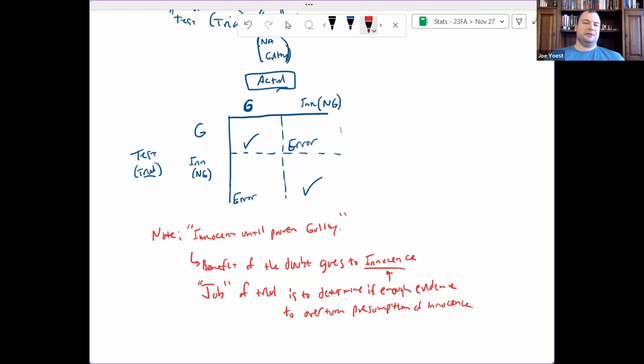Or should I say that the likelihood that they're innocent, in the face of all of this evidence, is so low that we're going to change our worldview and we're going to conclude that they're guilty? Does the evidence that was presented at the trial, is there enough of it to overcome that bar to switch the worldview from innocent to guilty? And that's kind of the job of the trial, to determine that.